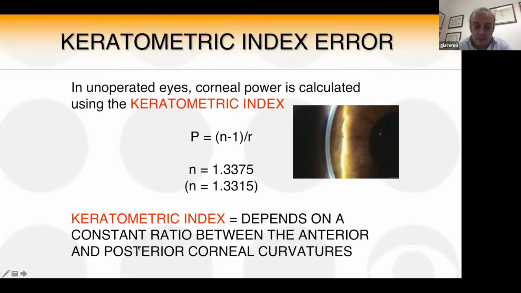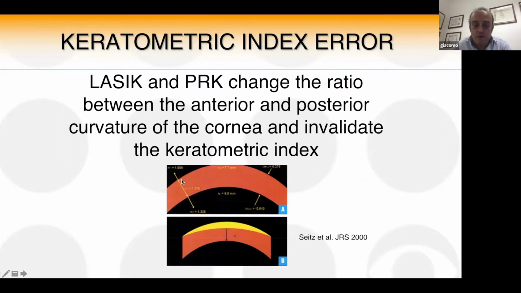But you see, it's mandatory to have a constant ratio. What happens, we all know that after myopic and hyperopic excimer laser, we change this ratio so that the keratometric index that was used to convert the millimeters into diopters is no longer valid.